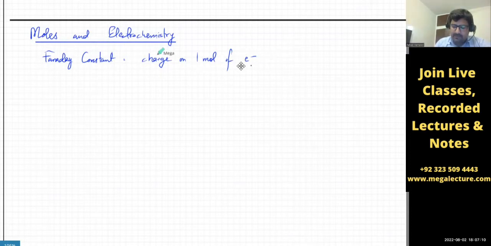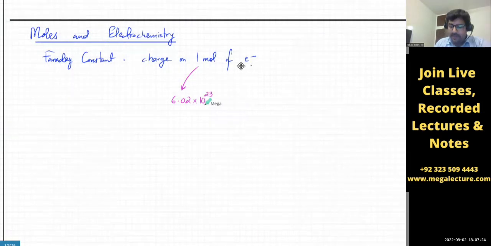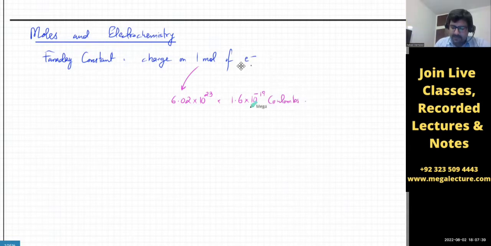If there is 1 mole of electrons, what is the charge on that? So how do you figure that out? How many electrons will there be in 1 mole? 1 mole means you've got 6.02 times 10 to the power 23 electrons, right? And every electron has a charge of 1.6 times 10 raised to the power minus 19 coulombs. You multiply it by 1 mole of electrons, which is the Avogadro's constant.